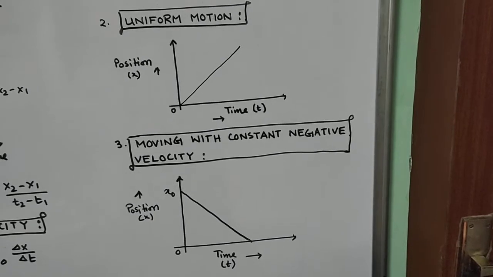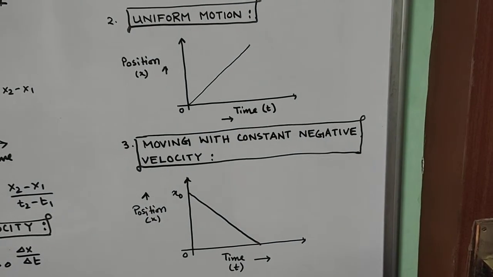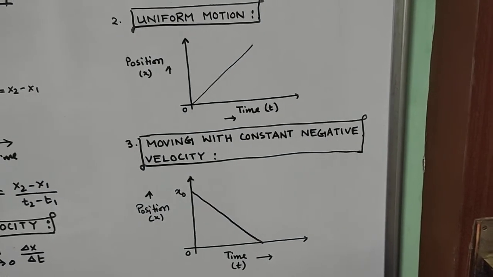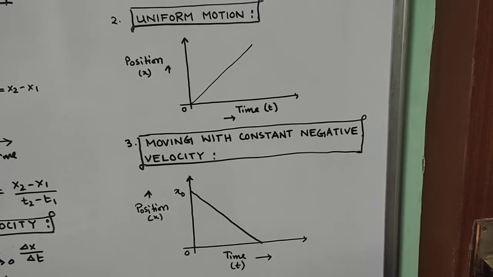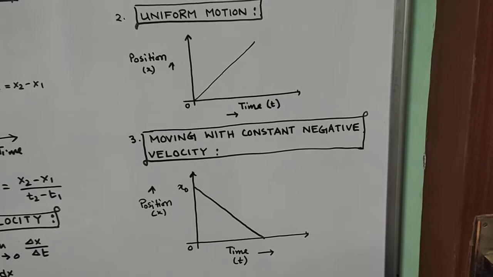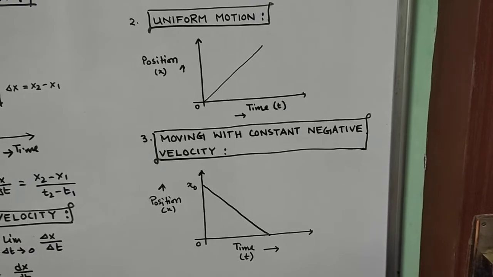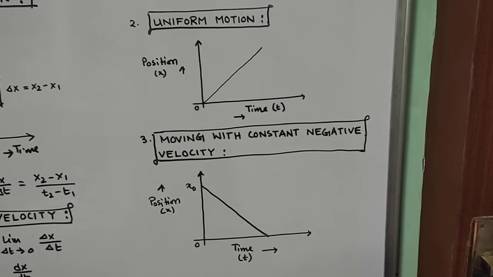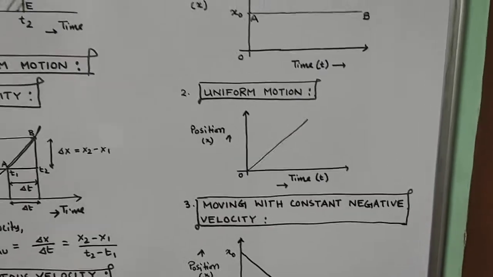So this is some kind of negative slope graph, and basically this is some kind of motion due to some retarding force. More becomes clear later on, but you try to understand this part for the time being.